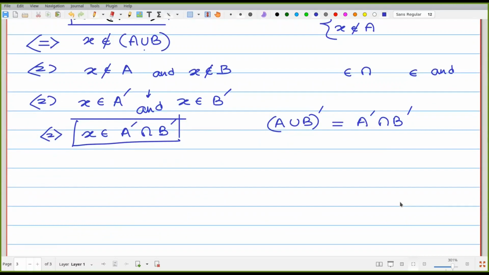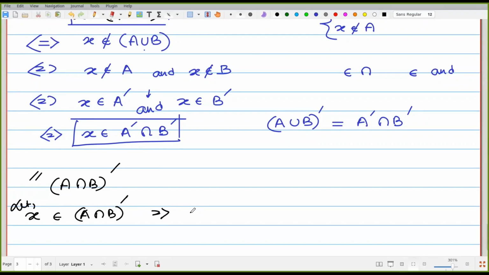Suppose another one, De Morgan's. That one was (A intersection B) complement. So here let x belong to (A intersection B) complement.